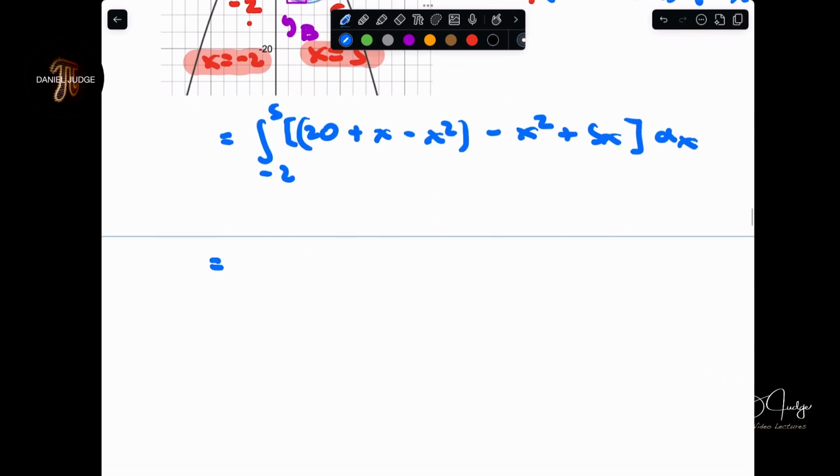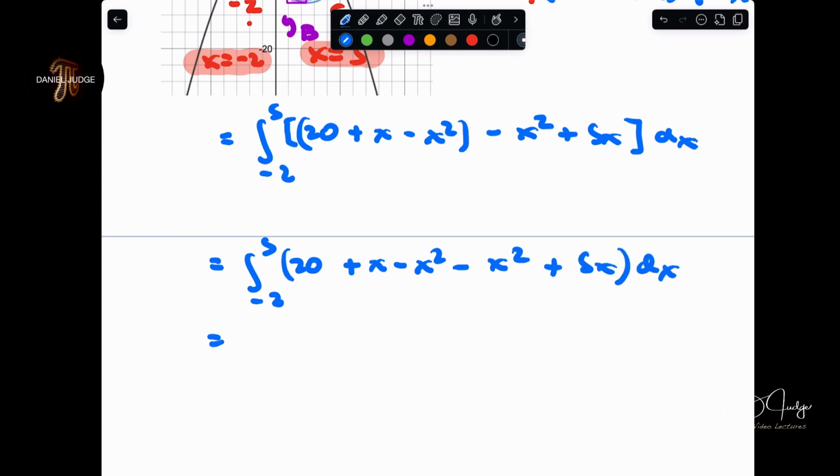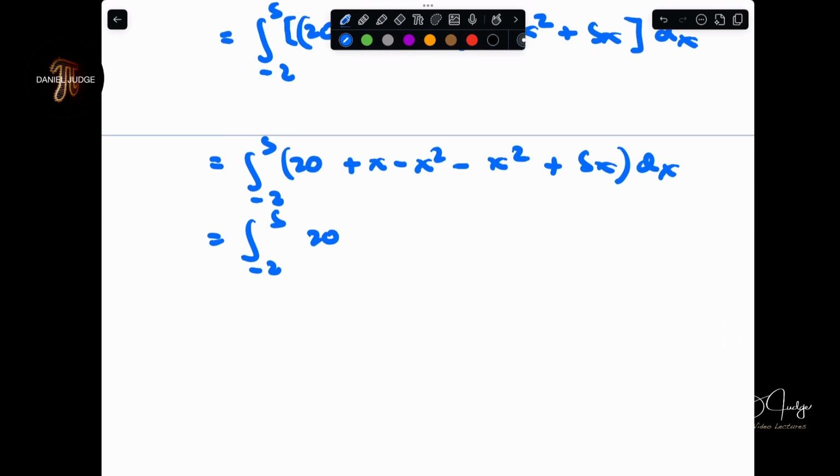All right, so we have -2 to 5 of 20 plus x minus x squared minus x squared plus 5x dx. Now you're going to have 20 plus 6x minus 2x squared dx.